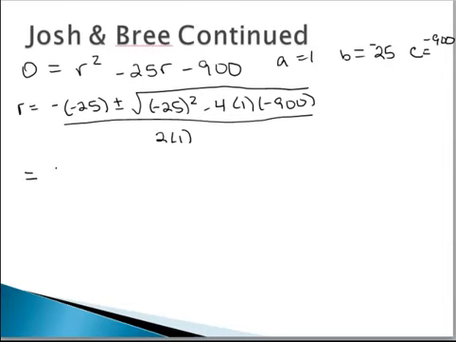So we get negative of a negative 25 plus or minus the square root of 25 squared, which is going to be 625. Then we have a negative 4 times a negative 900, and we get a positive 3600.